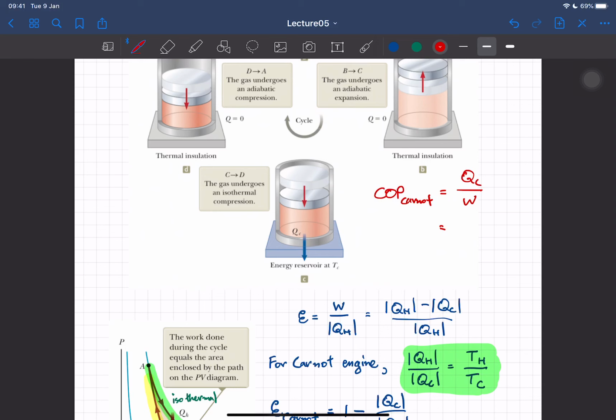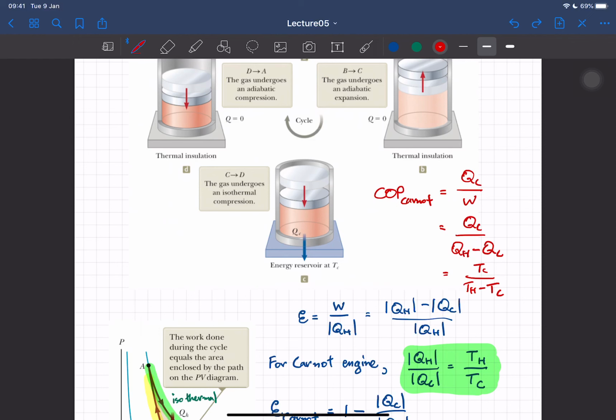Well, it's the refrigerator, so W is again QH minus QC. Okay, so then you can use this to substitute into that, because this is a Carnot fridge. So you're going to get TC divided by TH minus TC. Okay, so if you have a Carnot refrigerator and you want to calculate the maximum coefficient of performance for this fridge, then you can use this formula here.